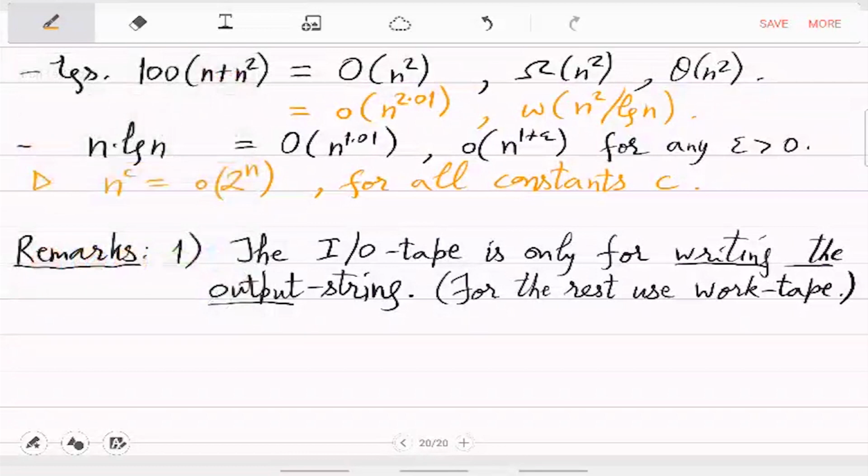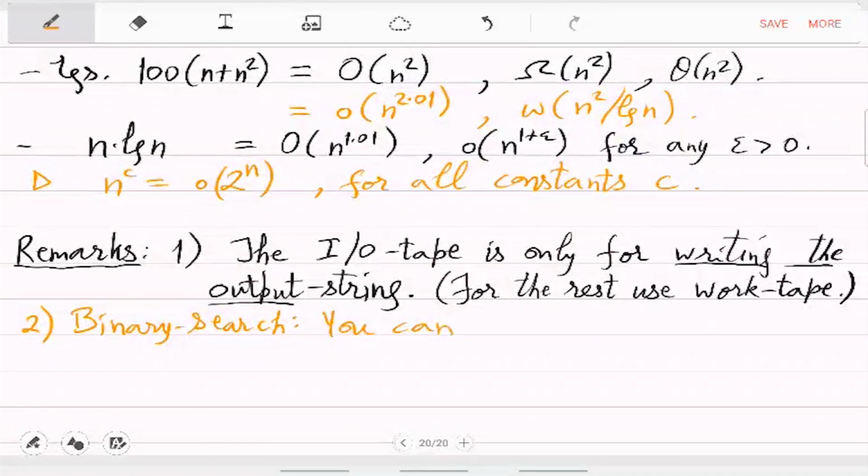Okay, a second important remark is that you know this binary search algorithm, right? So is binary search really log n time? So in terms of Turing machine, it cannot be.